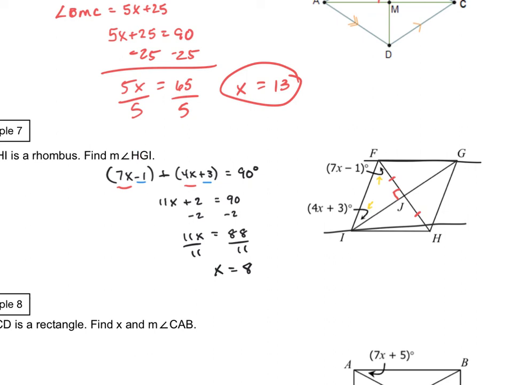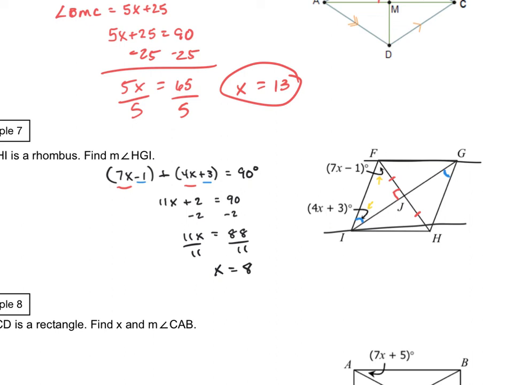HGI, they want us to find out the measurement of HGI, which is this angle right here, and we know that those alternate interior angles are going to be congruent.